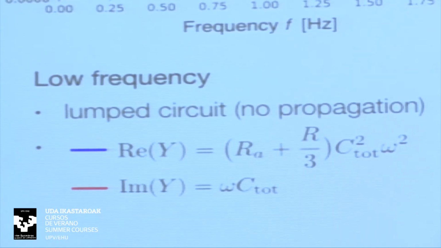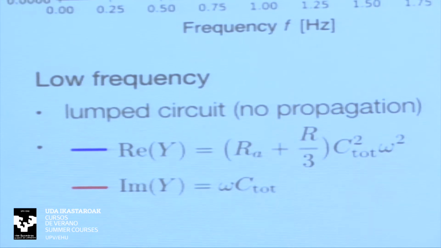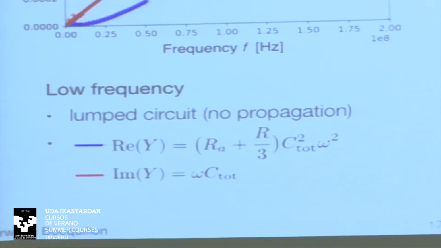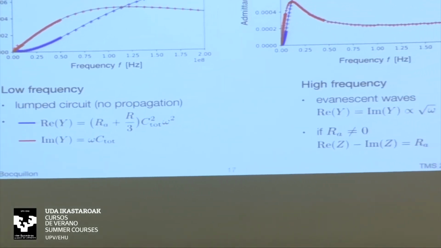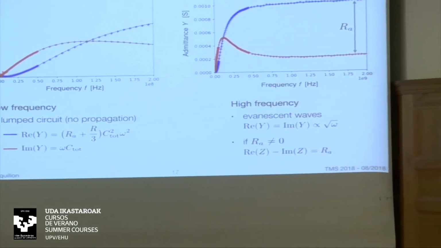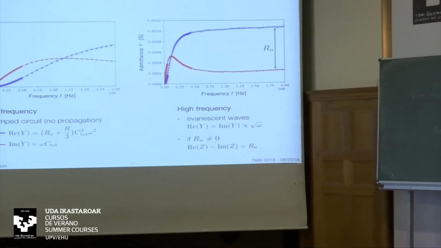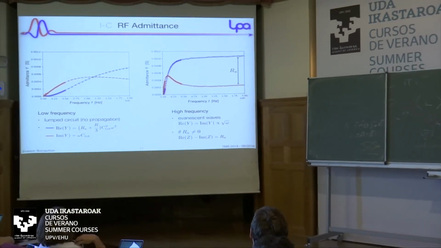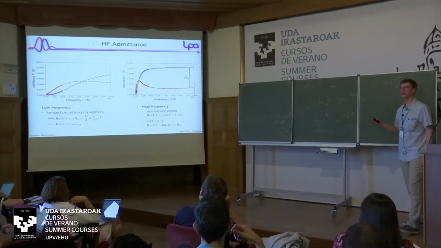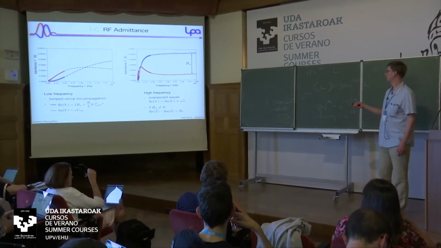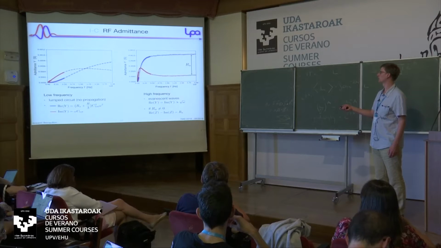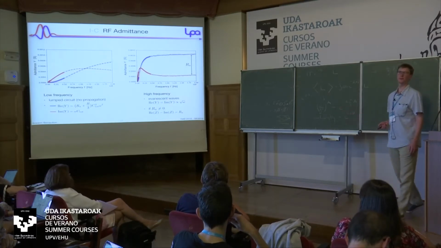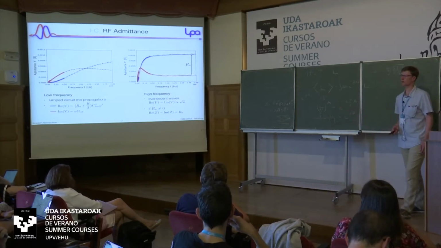Now, as you increase the frequency even more, then you will really feel the distributed line capacitance with this distributed RC line. And at some point, you will see that the losses will start to win, and you will have evanescent waves propagating. And these evanescent waves, if you remember, for example, the skin effect in metals, you may remember that in that case, the admittance goes like real part equals imaginary part, proportional to the square root of omega.